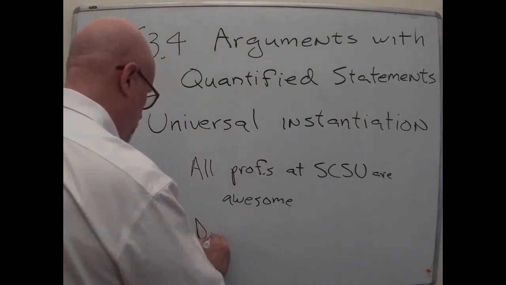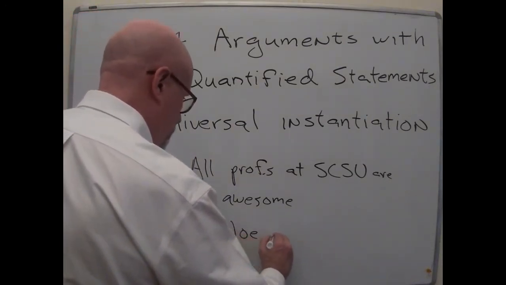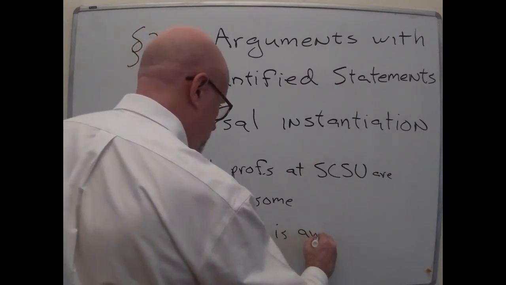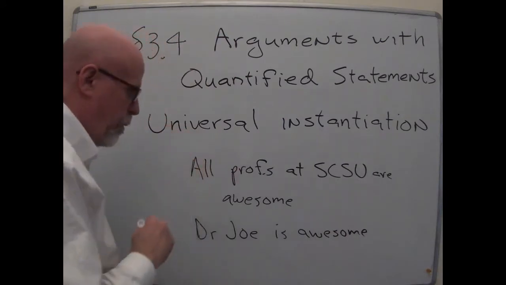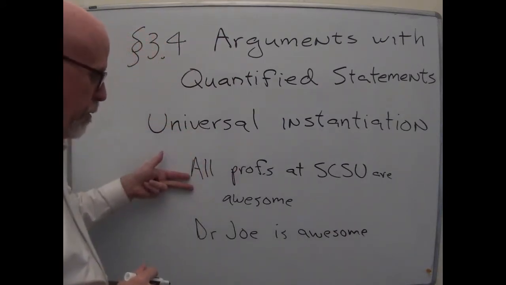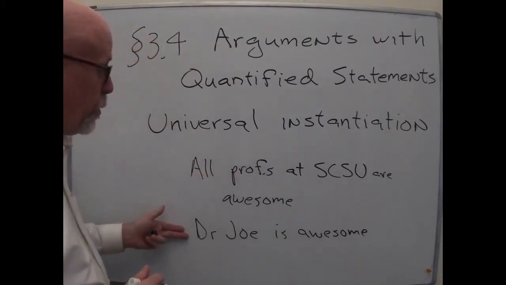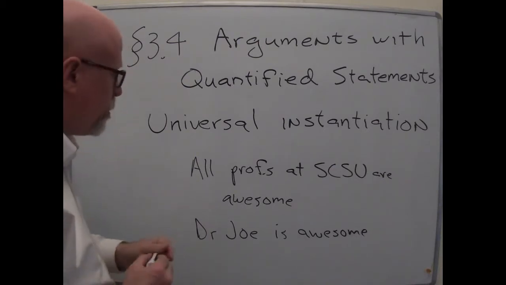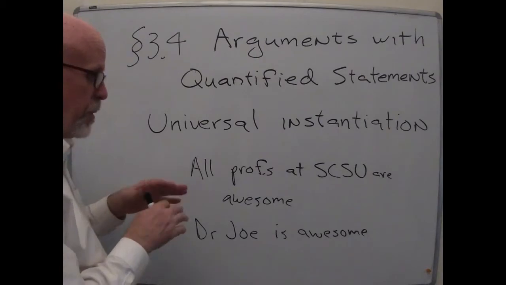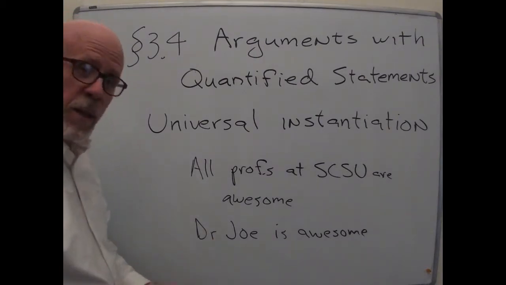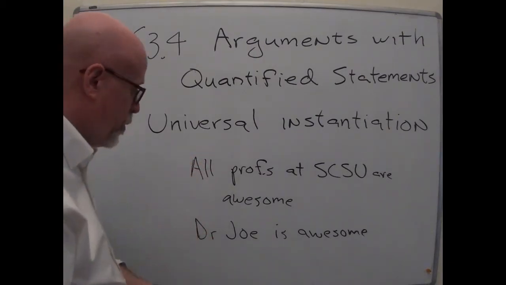So like me, Dr. Joe is awesome. You do need to have a true universal sentence before you can conclude a true particular case of it. But in any case, that's called universal instantiation. If you've got something that's generically true, then it'll be specifically true for individuals.